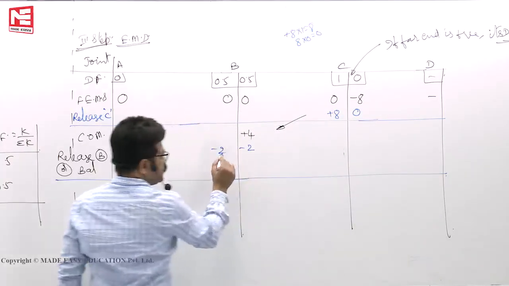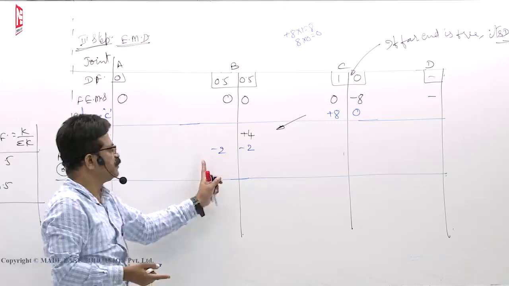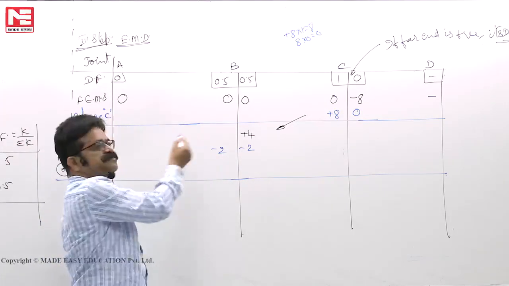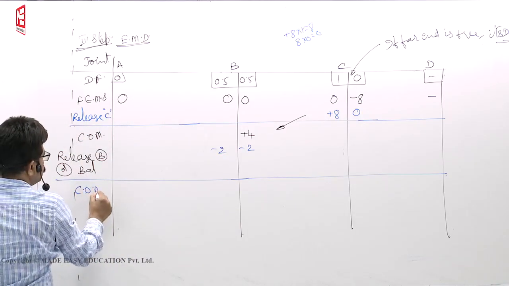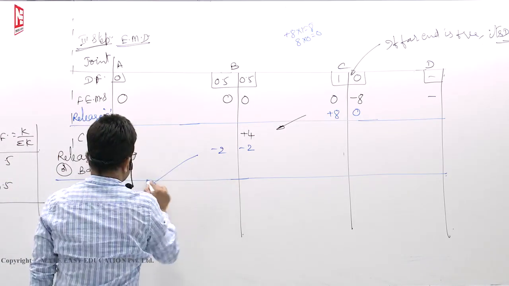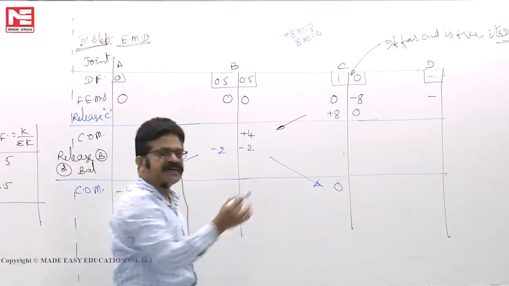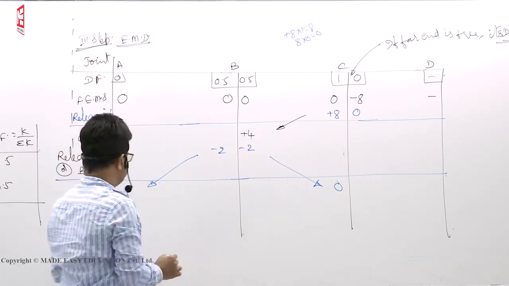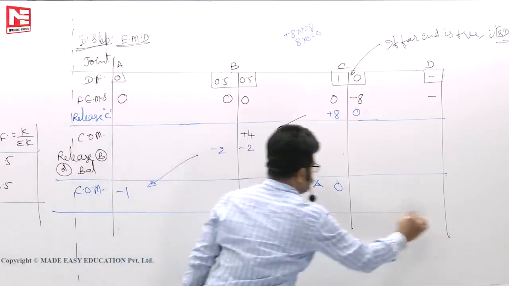Now when you apply minus 4, this took minus 2, this took minus 2. So at B for the member BA is minus 2. When you apply minus 2, how much is carried over? Half of that, minus 1 here. Because you are treating it as hinge support, then it is 0. So carryover moment is minus 1. So that is the work.